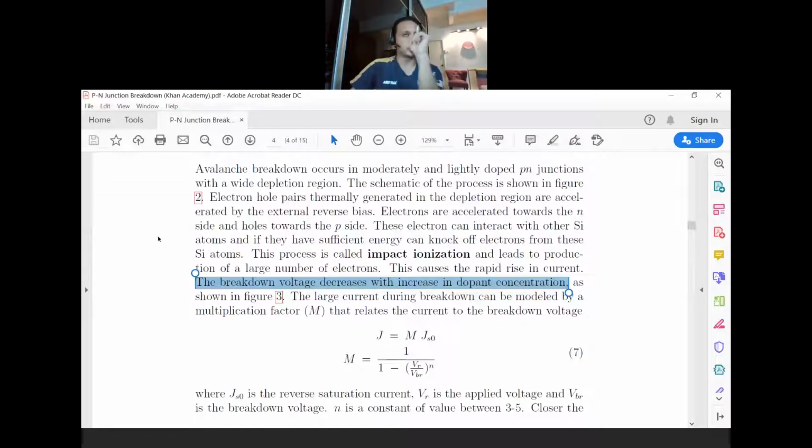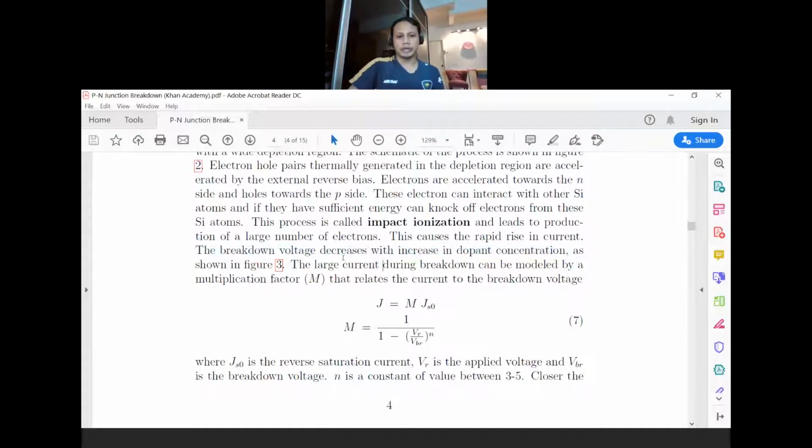Say junction A has 10^18 and 10^17 on P side and N side, and junction B has 10^15 and 10^14 for P and N sides. So you're going to have lower breakdown voltage for the first junction, 18 and 17, because you already have more carriers at the junction to cause the cascaded effect, to cause the impact ionization. So you already have a lot of carriers to begin with. That's why it's a lot easier for the junction to break in the case of heavy doping, right?